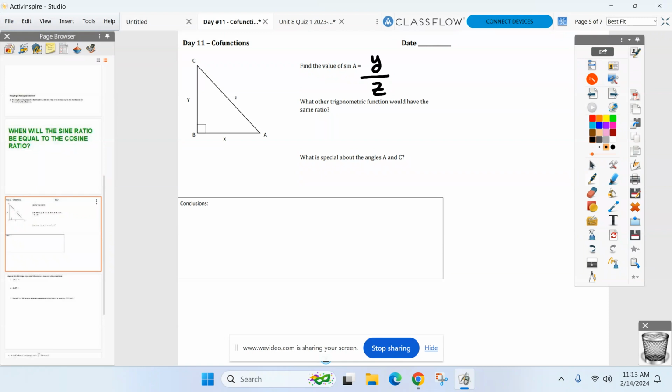So give me something else that also has a ratio of y over z.